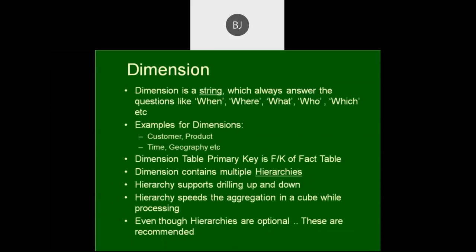Dimensions contain multiple hierarchies. Hierarchy supports drilling up and drilling down, because we have used all these things in Power BI already. And hierarchy speeds up the aggregations in the cube. We never spoke about the cube, but when you learn cubing, especially multi-dimensional and tabular model cube, you'll understand this point. Even though hierarchies are not mandatory, they are recommended.